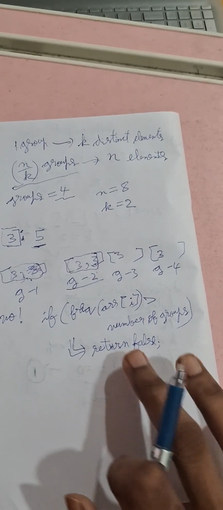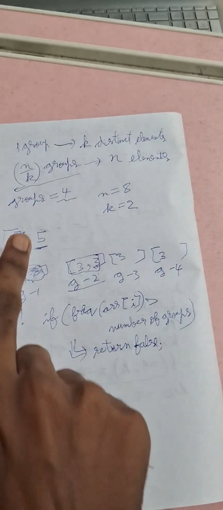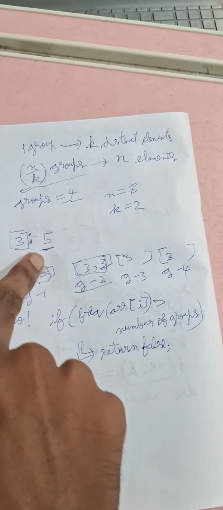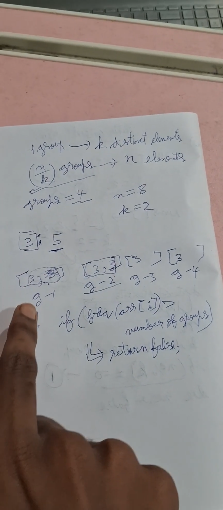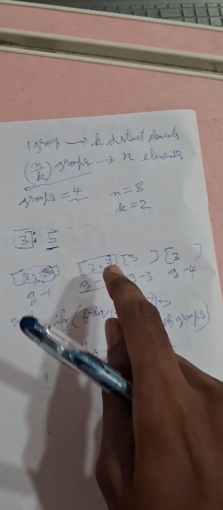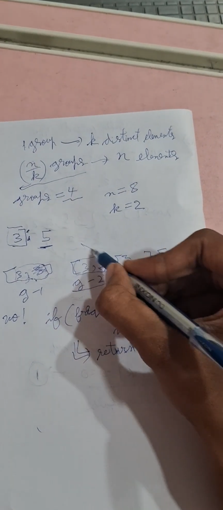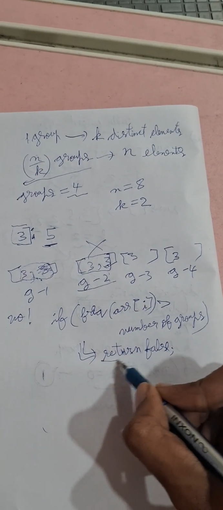I have explained this clearly because you cannot divide an element having higher frequency into the groups formed. It will definitely lead to formation of duplicates like this, and this is not allowed. So we have to return false.